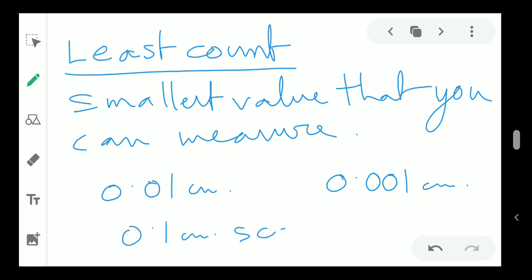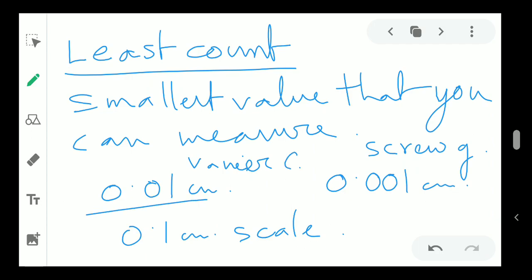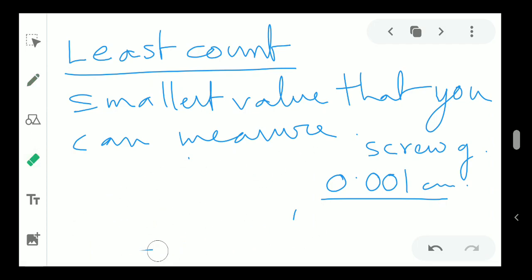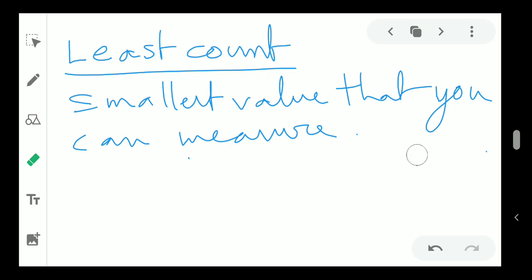That is for our scale ruler, that is for our screw gauge, and that is for our vernier calipers. These are called least count, the smallest value that you can measure.